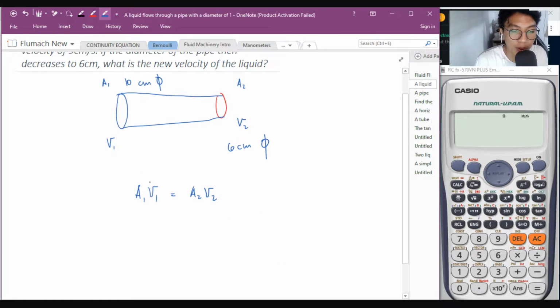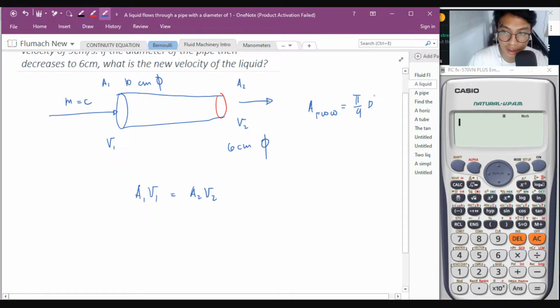Now, yung area, take note that area of the flow, pagpalagay natin, it is circular. From here and here, where your masses are the same, okay? So, area of the flow is pi over 4 d squared. D squared tuloy.